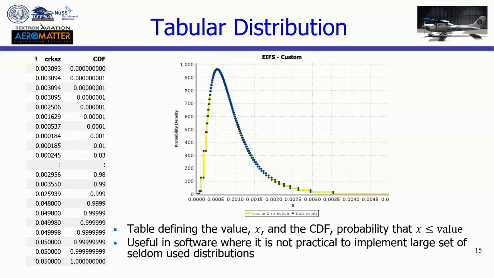It just will tell you that you have to define it all the way to 1. And in the software, if you load a tabular distribution, you can plot it as a PDF. So perhaps in the future we'll have the ability to show the CDF or mountain plot, but for now you can see the PDF to check that you got the right distribution in there.